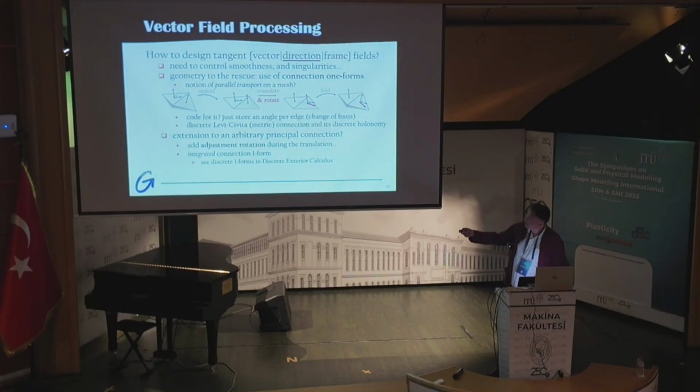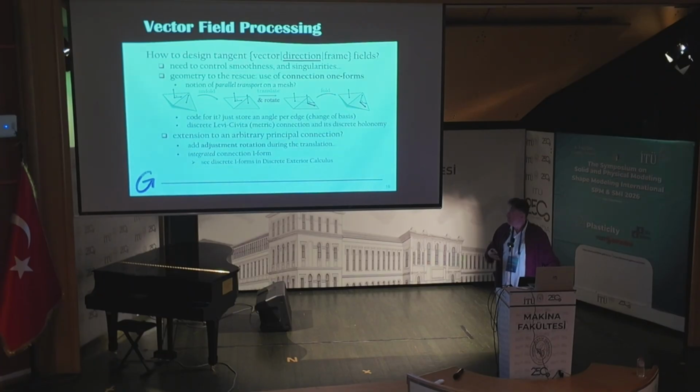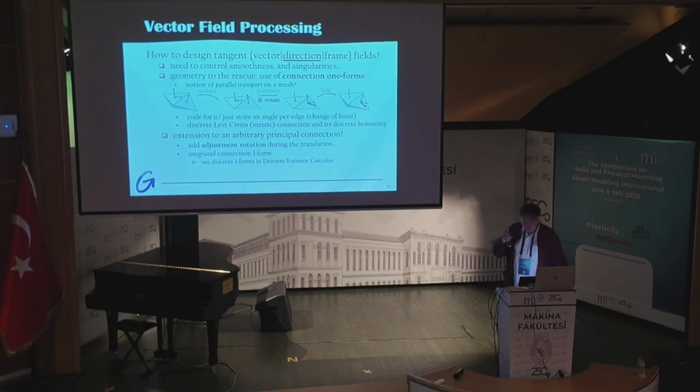So this is not the same angle as this one. This angle was to really define the Levi-Civita. Here I'm just saying that if you add another adjustment rotation between two triangles, you're changing the notion of connection. And this is something that people know very well in the continuous world, because Levi-Civita is just one particular case of connection one-form, but you can come up with as many as you want.